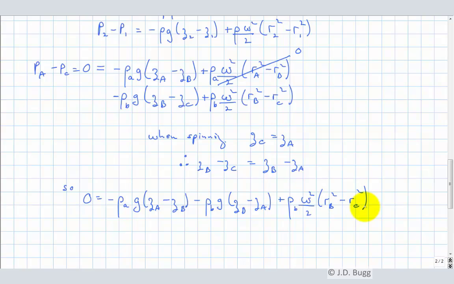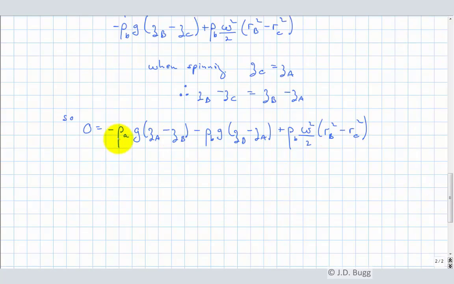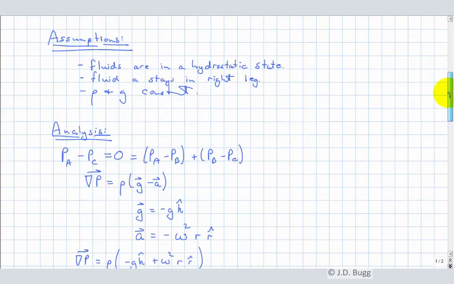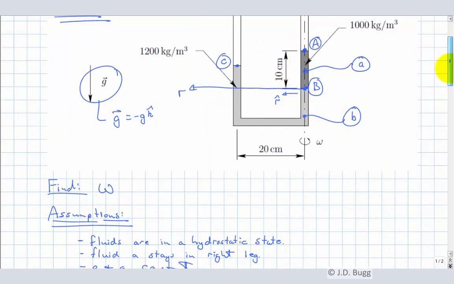Now we're ready to substitute numbers into this, because if you take a look at this, the only thing we don't know in this expression is omega, the angular speed. We know all these densities. We know all of these elevation changes. So A minus B and B minus A, of course, are just going to be 0.1 meters and negative 0.1 meters. Just go back and take a look at the diagram, it'll show you that. So 0.1 meters, 10 centimeters.